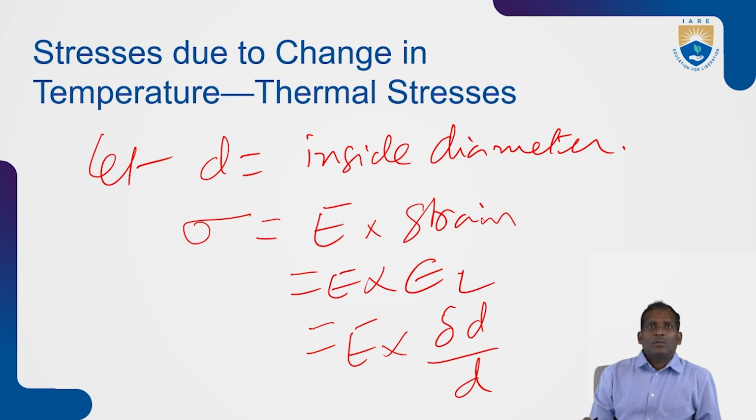So the dimensions are changed perpendicular to the load applied. So delta D is here the change in diameter, and then small d is the original diameter, inside diameter.